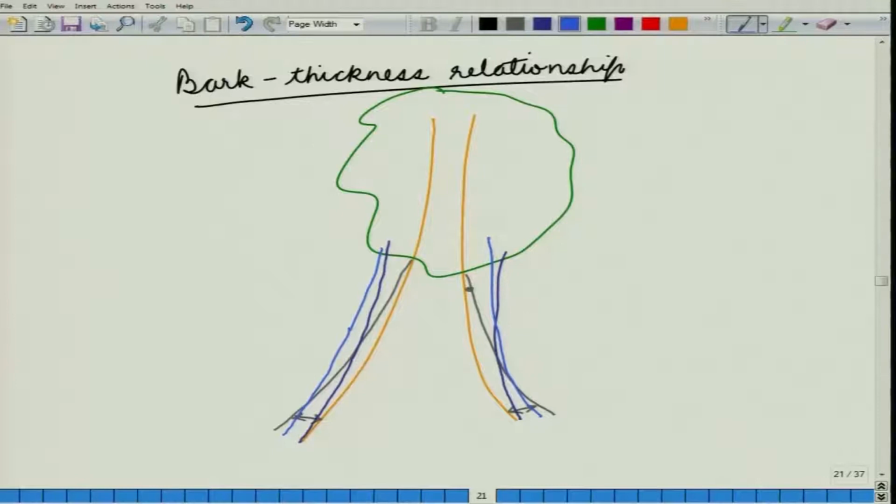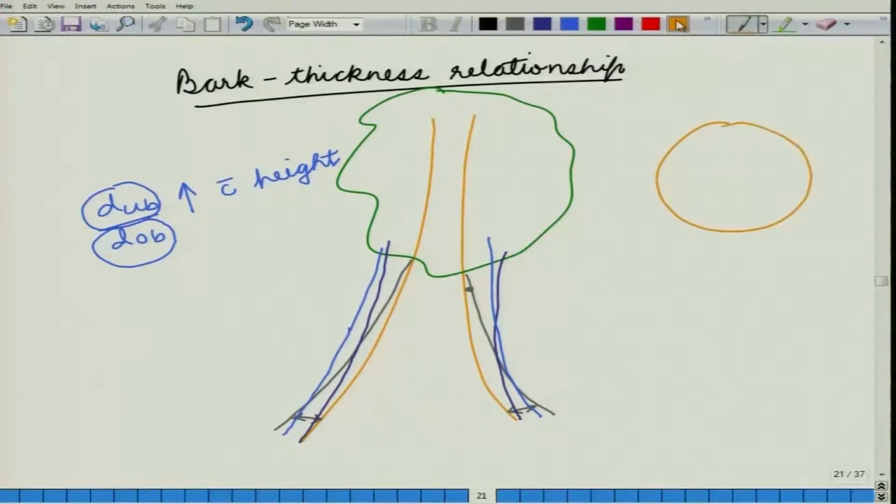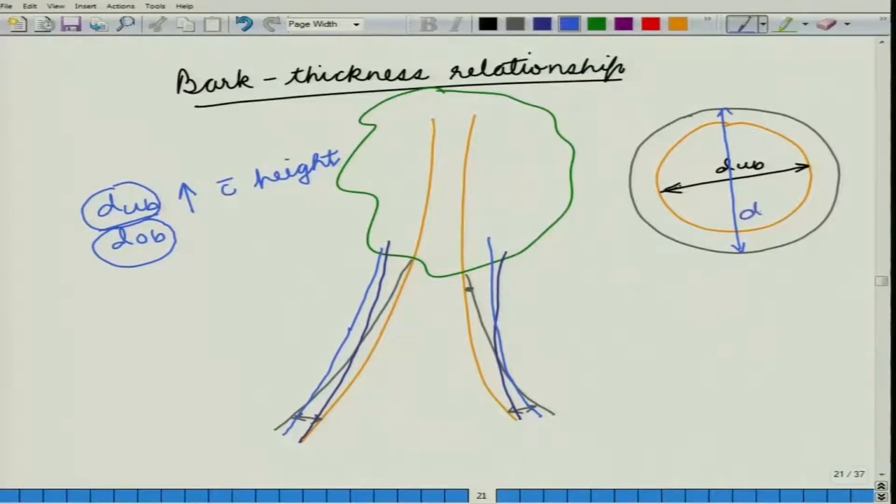So, what happens? In most species, especially coniferous species, the ratio diameter under bark upon diameter over bark increases with height. So, if the diameter under bark is increasing as compared to diameter over bark, what it means is that in the cross section of the tree, here we have the diameter under bark and this is the diameter over bark.